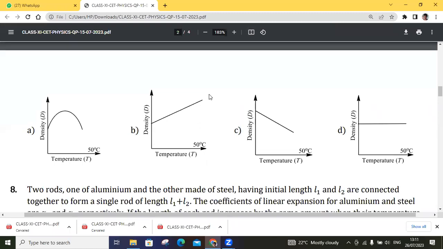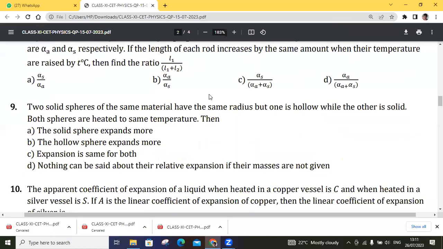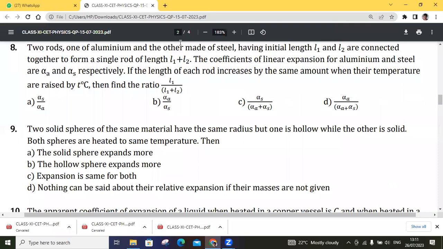Then we have 8th problem. Two rods, one of aluminum and the other made of steel, have initial length L1 and L2 and are connected together to form a single rod. And the coefficients of linear expansion of aluminum and steel are this much. Therefore, length of each rod increases by the same amount at the temperature. Find the ratio. So we know alpha is equal to delta L by L delta T, correct?